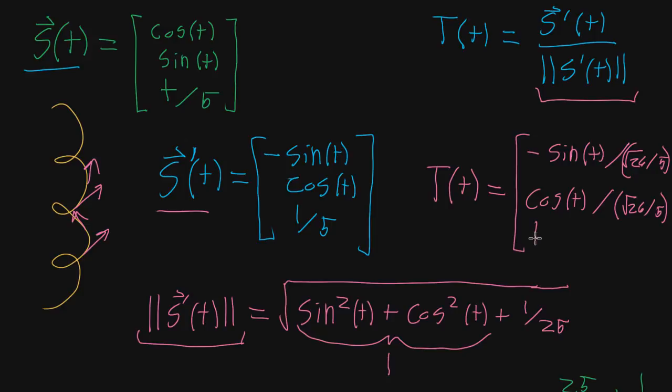And the last part is 1/5, divided by that same amount, root 26 over 5. So we're just taking the whole vector and dividing it by the magnitude that it has. And we're lucky, again, that even though this vector is a function and could depend on t, the magnitude doesn't. So the unit tangent vector function we get as a result is relatively simple. I'll call it an end here and then continue on with this same line of reasoning in the next video.